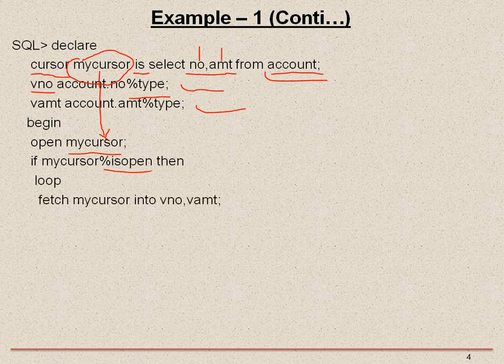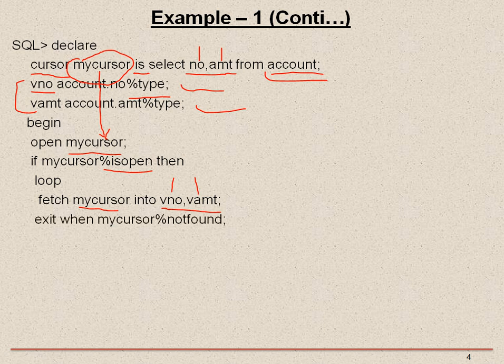So loop, and then fetch the record from the cursor name into your variable names. These two variable names you can see here. So through the cursor, for the first row, the first column goes to v number and the second column to v amount. This value will be stored one by one.